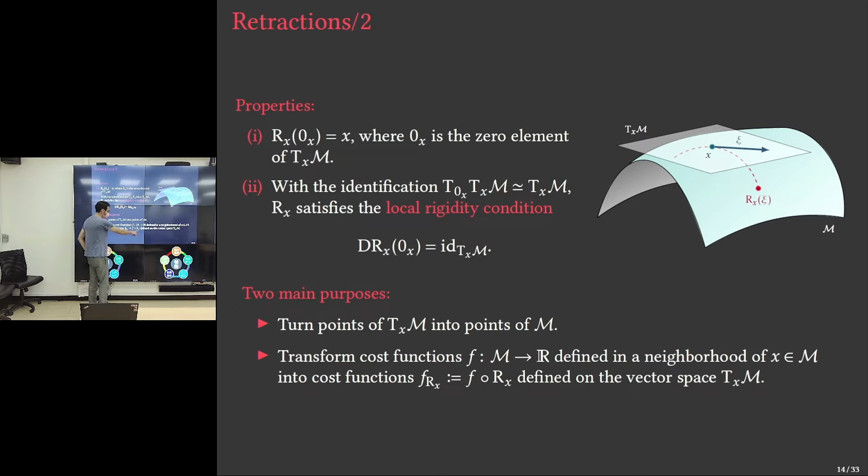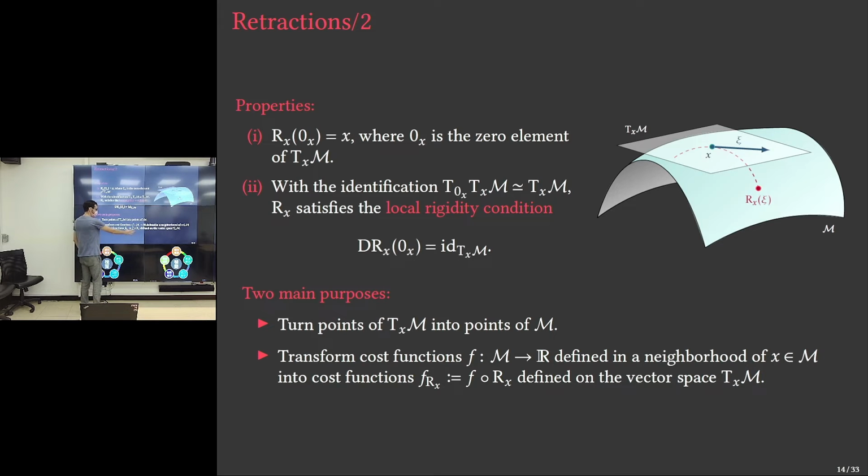The retraction goes from the tangent space to the manifold, and the cost function goes from the manifold to R. So the composite function will go from the tangent space to R. This function is really nice for us because it goes from a Euclidean space, the tangent space, to R. So this brings us back to the Euclidean setting in a certain sense, at least locally in the tangent space.